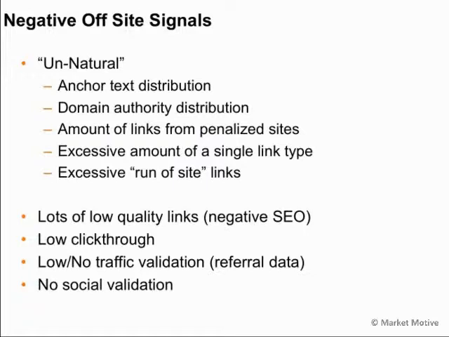So don't have excessive run-of-site links or a single type, lots of directory links, lots of reciprocal links. A few on their own is fine, but don't get carried away with a single link type. And that's where that stinking linking thinking came in. A lot of companies had stinking linking thinking embedded in their culture, and we need to remove that.